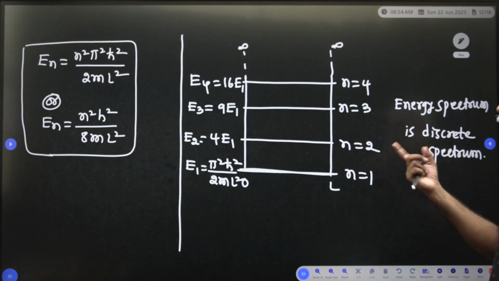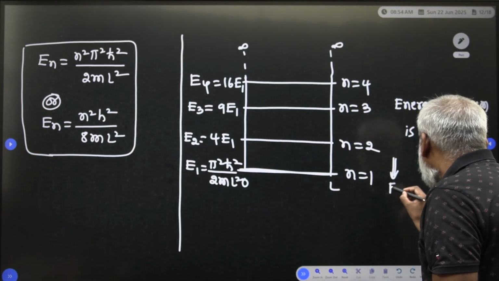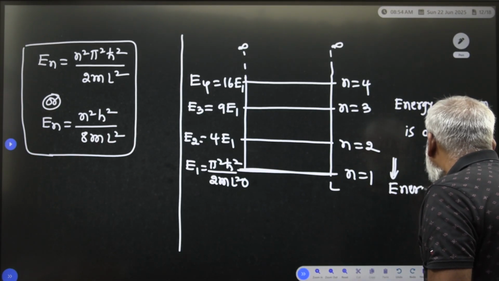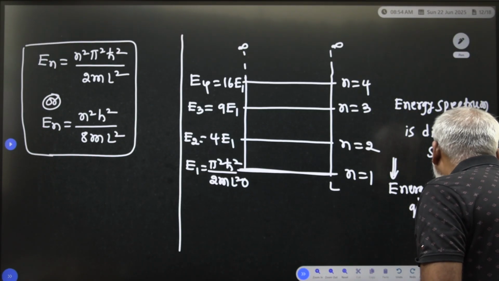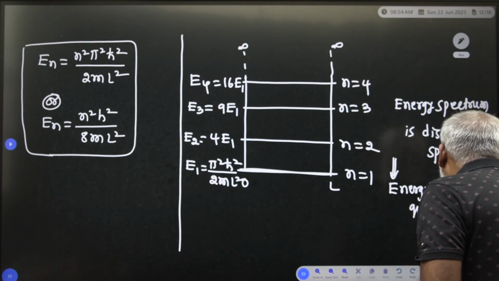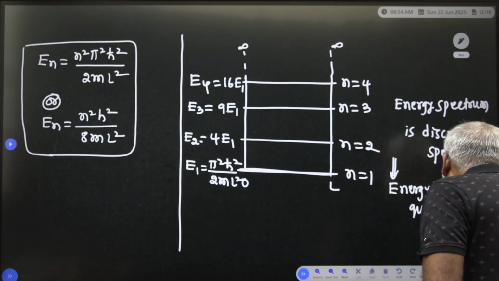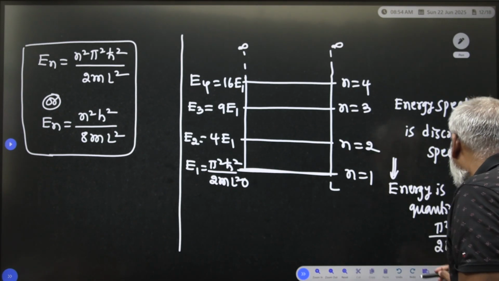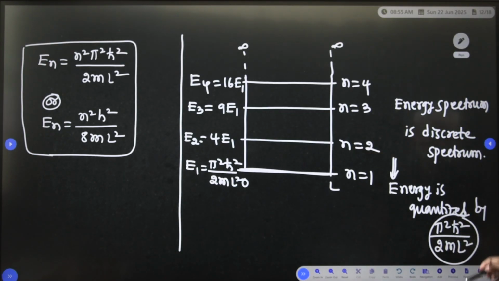So, the energy is quantized, a discrete spectrum. The energy is quantized in terms of pi square h cut square divided by 2m L square.